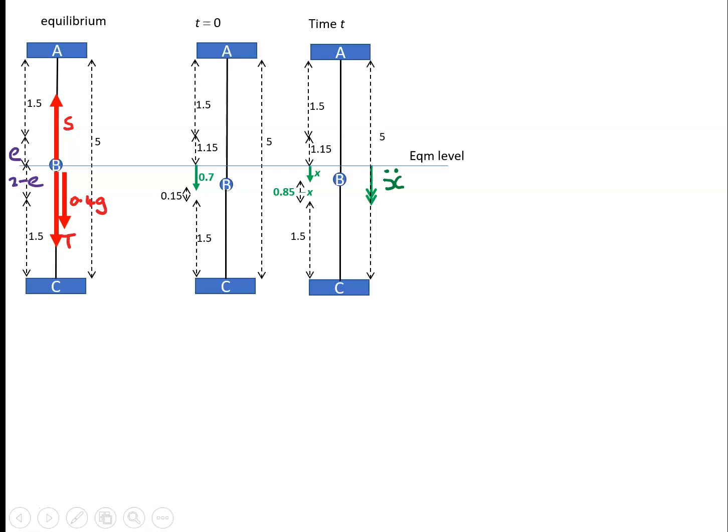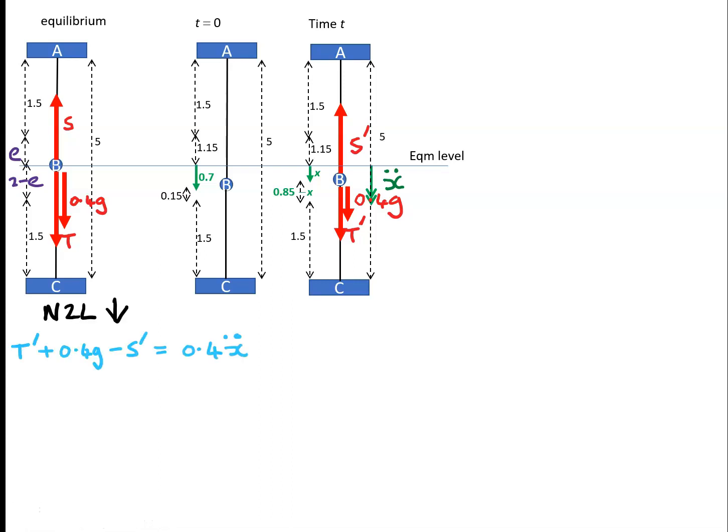Adding the forces onto this general diagram, we've got the weight 0.4g, we've got the tension upwards S dash, and we've got a tension downwards T dash. Applying Newton's second law now, downwards, we have got T dash plus 0.4g minus S dash must equal a mass, which is 0.4 times x double dot.